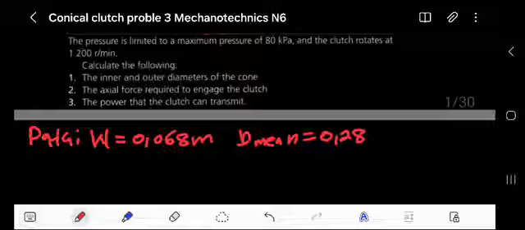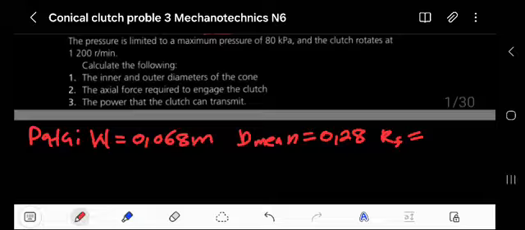If you want R_f, you can simply divide this by 2. Then that will be 0.14 meter, right?